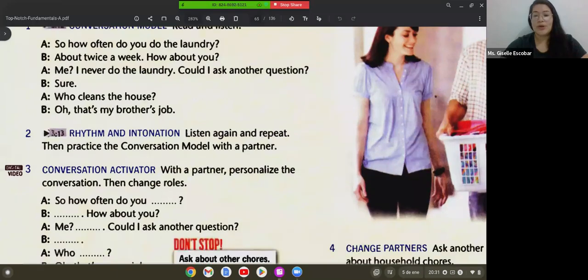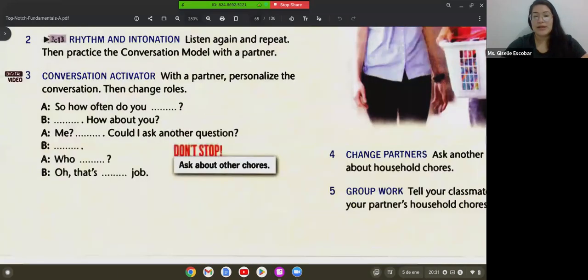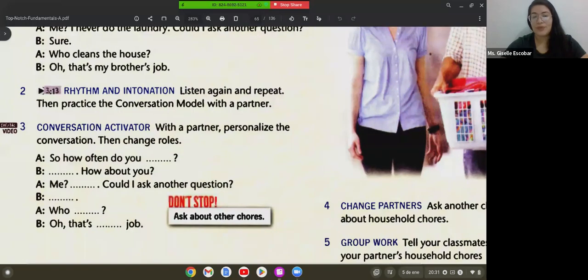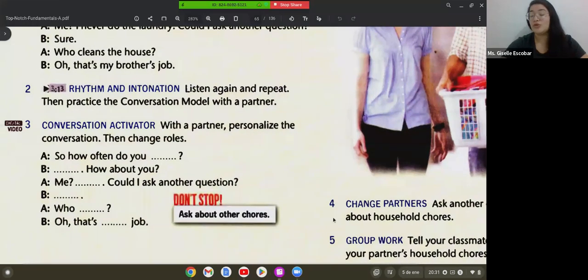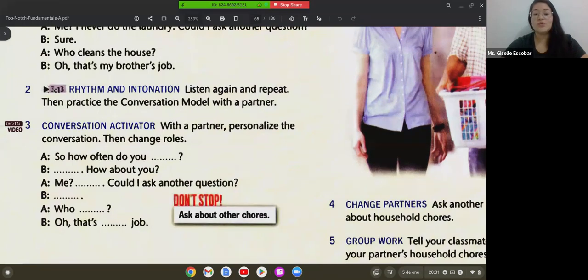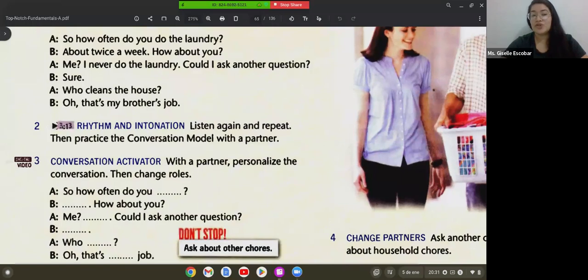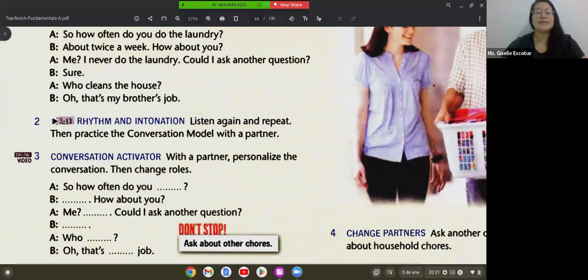So guys, what we are going to do right now is personalize the conversation, and then we are going to change roles for this one. So in this one, we can ask about different chores. No es necesario que utilicemos los mismos que utilizan en la conversación modelo.